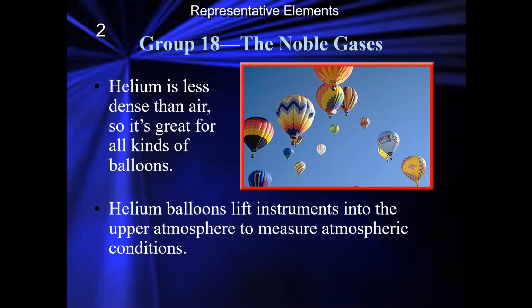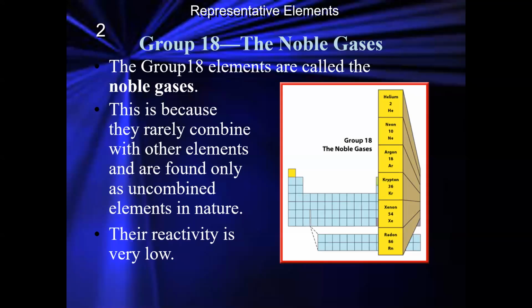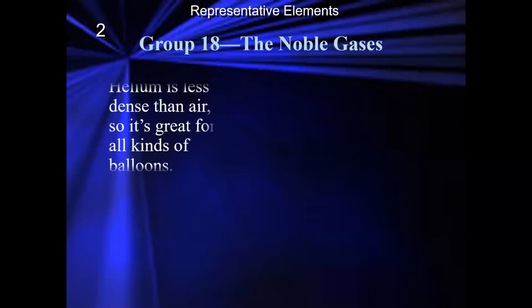So when it exists in the diatomic form, the mass of two atoms of nitrogen would be 28, but the mass number of helium is 2. So 2 is very less than 28, which means 2 is lighter than 28. So helium gas is a lot lighter than the air.